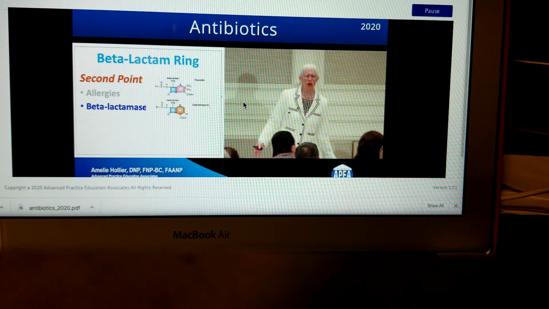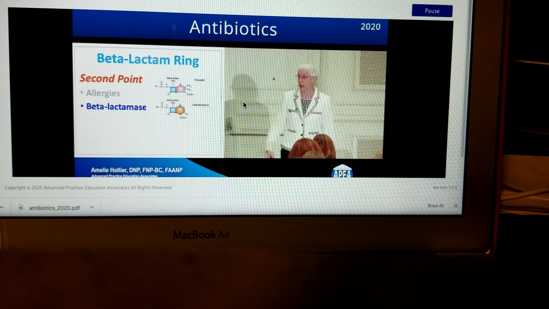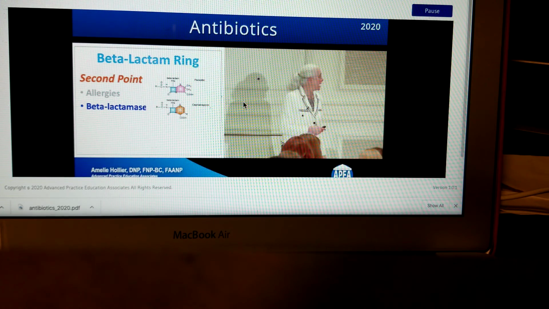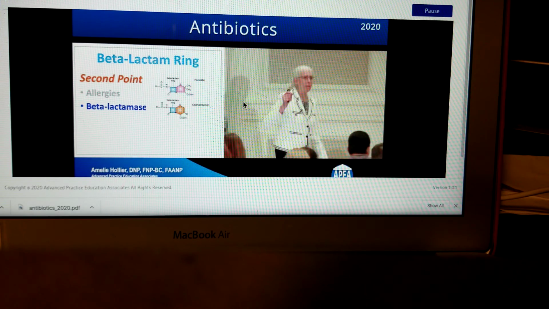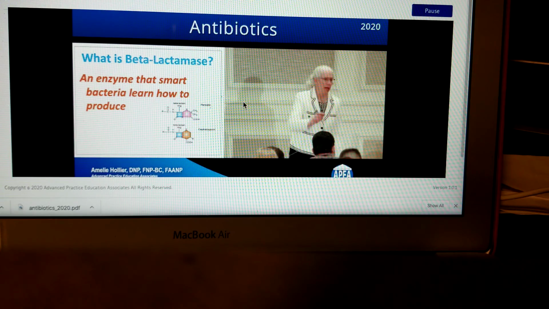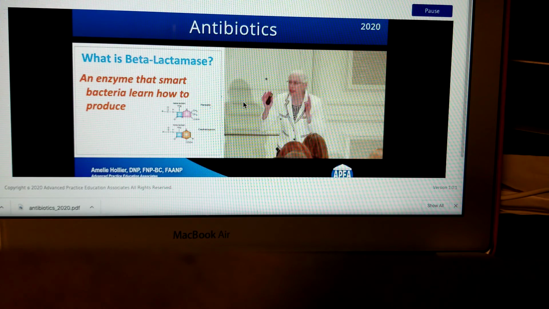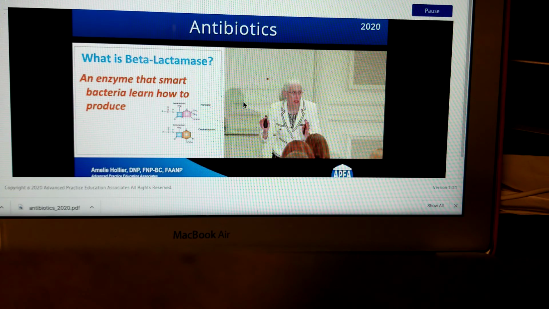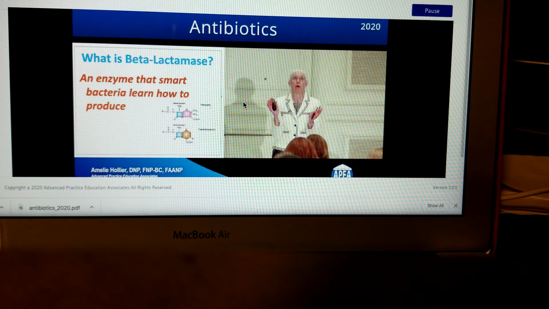So why do you need to know about the beta-lactam ring? Because of allergies. The second reason you need to know about the beta-lactam ring is because of an enzyme called beta-lactamase. Beta-lactamase is an enzyme that smart bacteria learn how to make. Because if you're a smart bacterium, when you wake up in the morning, you have one thought. I want to live another day. I'll do anything to live another day.